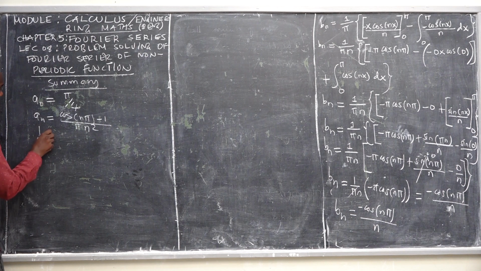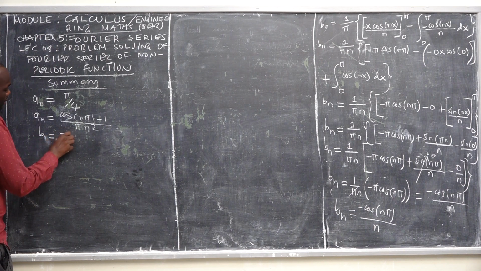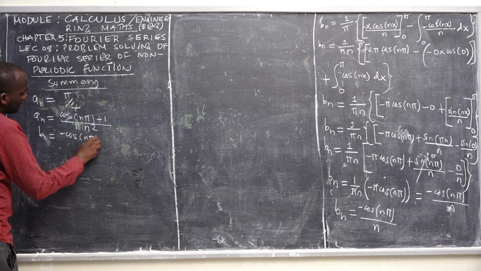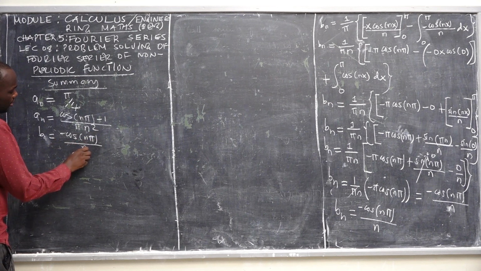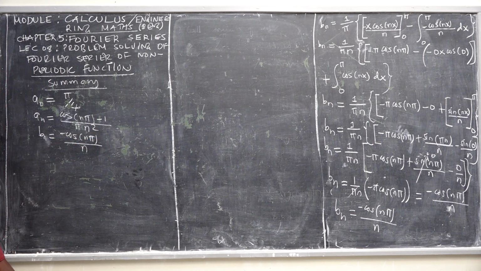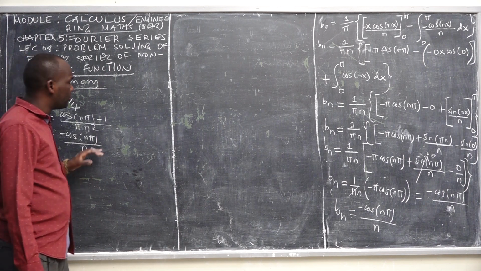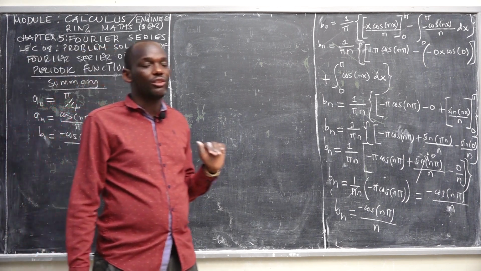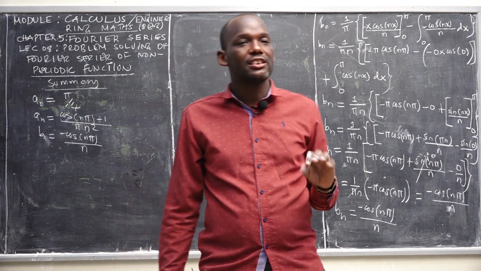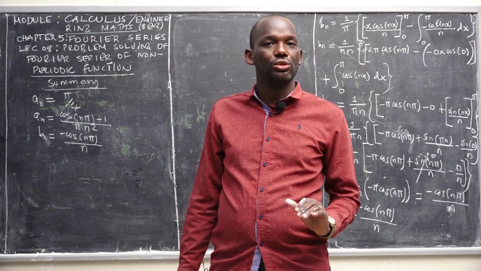Then Bn is equal to negative cosine of n pi over n. So you could see that all the three Fourier coefficients are not equal to 0.